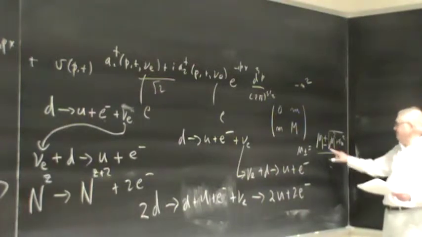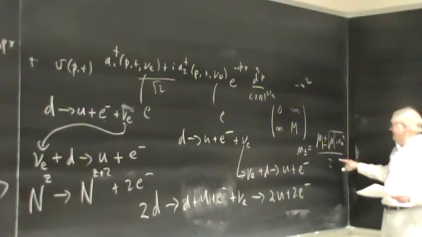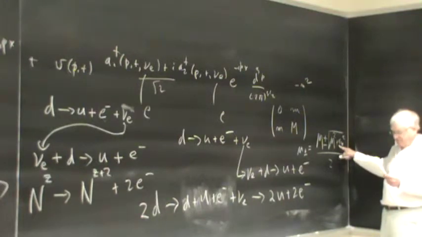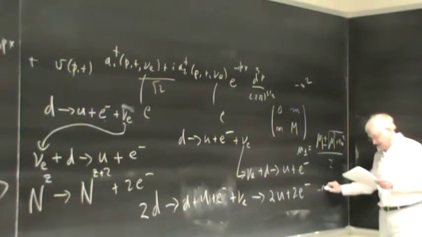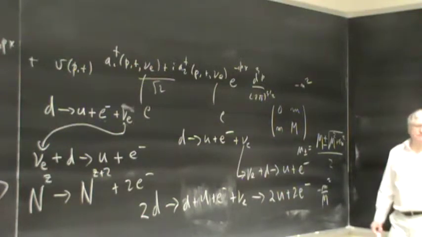With the plus sign you get big M, and with the minus sign a very small mass, minus m squared over big M. So it's kind of natural to do this.